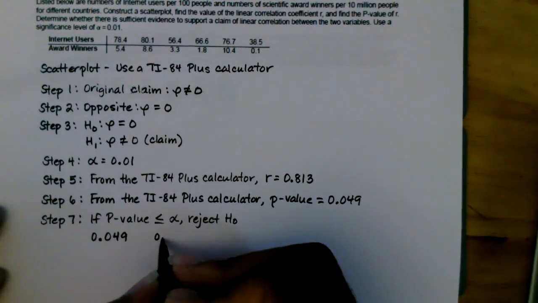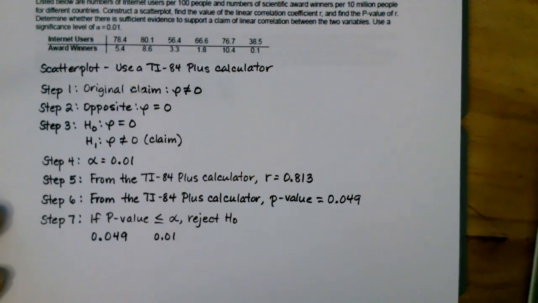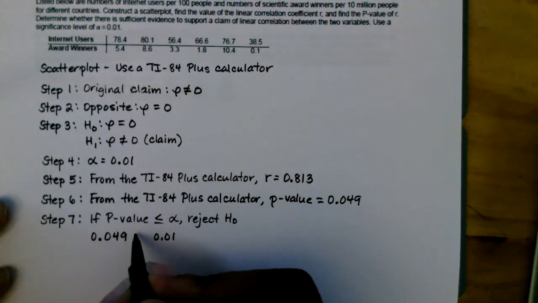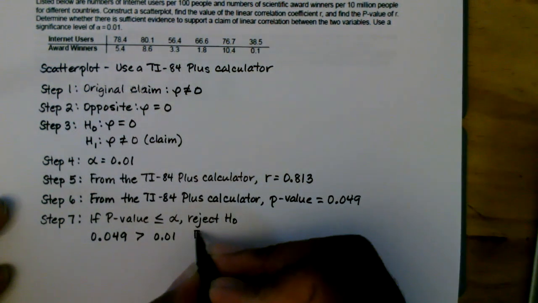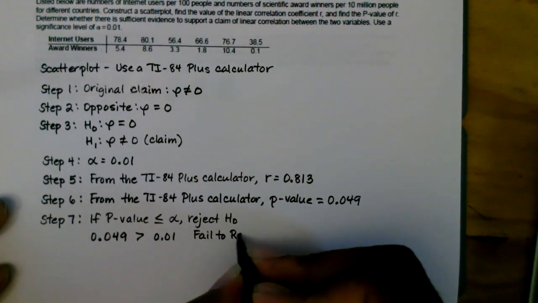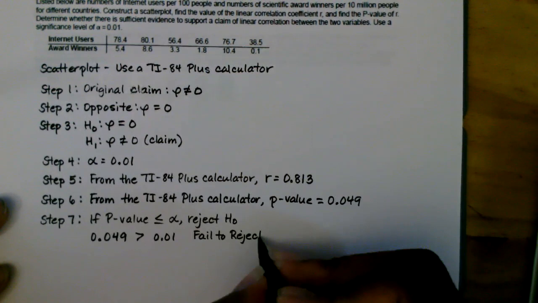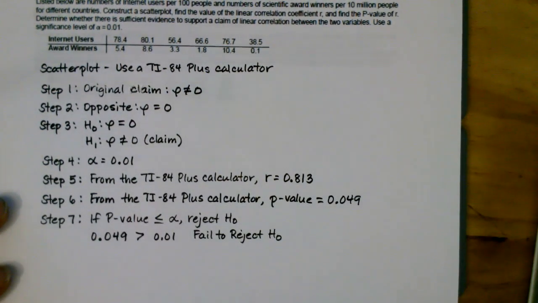The alpha level is 0.01 from step number 4. And if you compare the two, you're going to see that 0.049 is greater than 0.010. This does not satisfy the decision rule, so that means I need to fail to reject the null hypothesis.